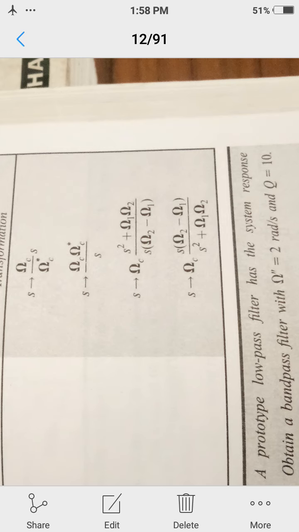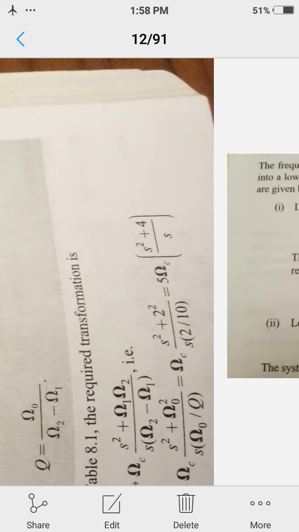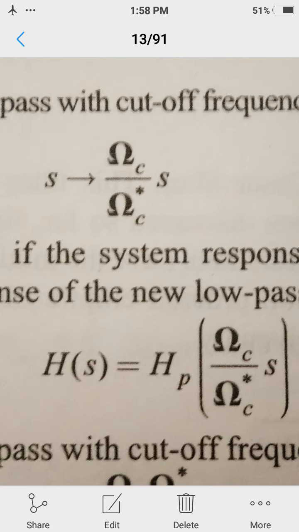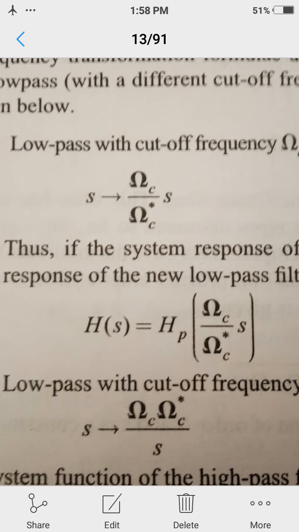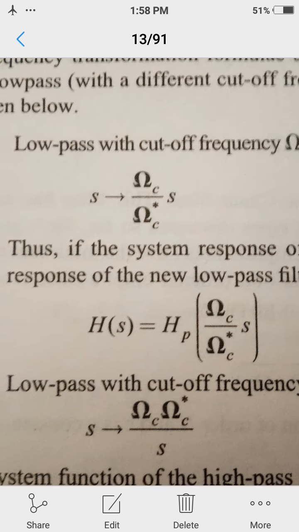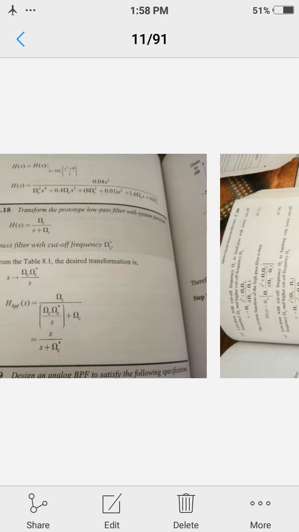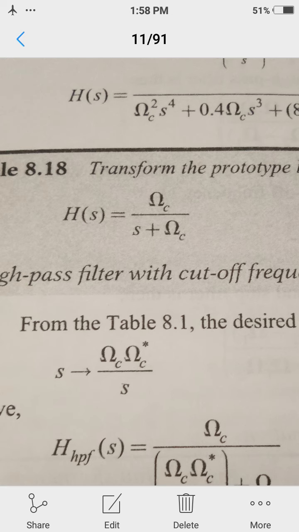Now by further solving, if we want to determine H(s), we will substitute s equal to 5Ωc (s² + 4)/s into the given H(s).